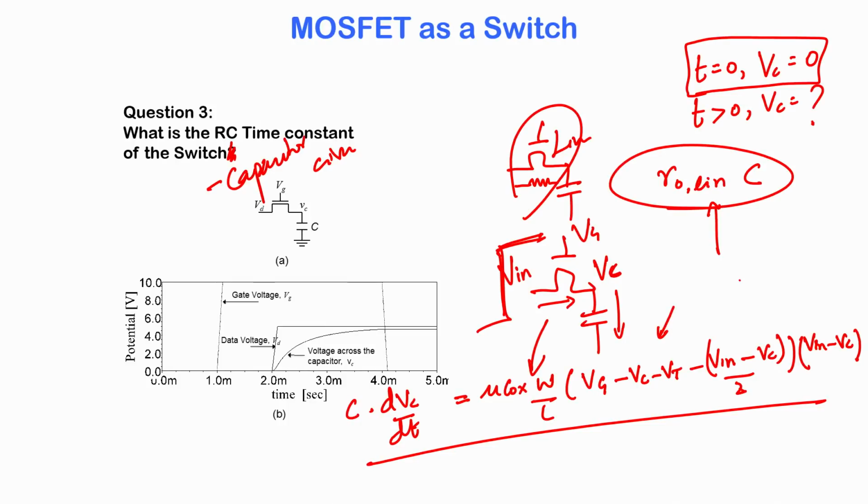So, here is a simulation and it shows you the charging of the MOSFET. The gate voltage goes up, the MOSFET is on, and then when the drain voltage takes a step-like response, you can see that the capacitor starts charging. Although the simulator is using the exact model, you could easily model this charging time constant using a much simpler linearized model instead of worrying about solving this differential equation.